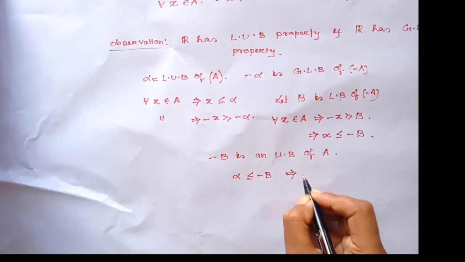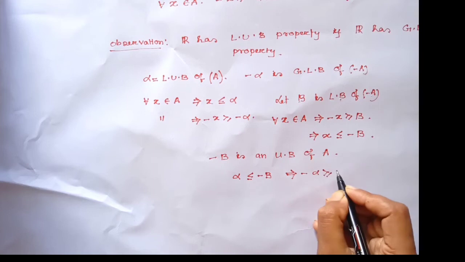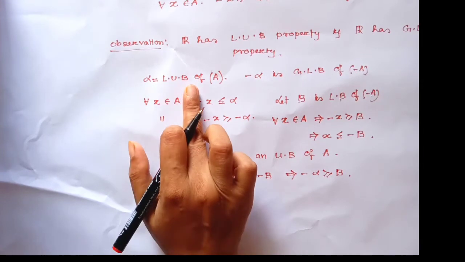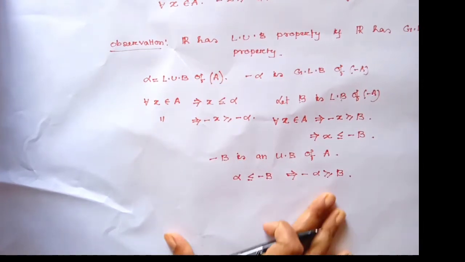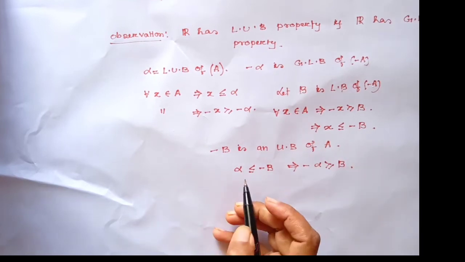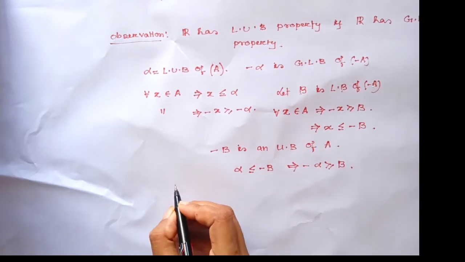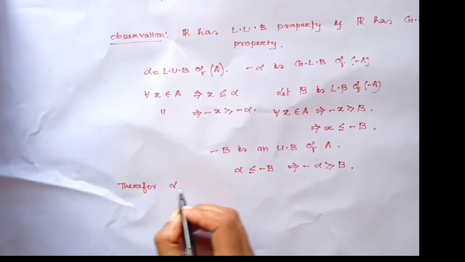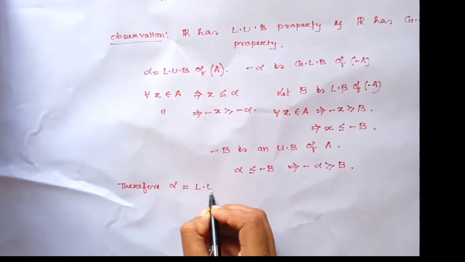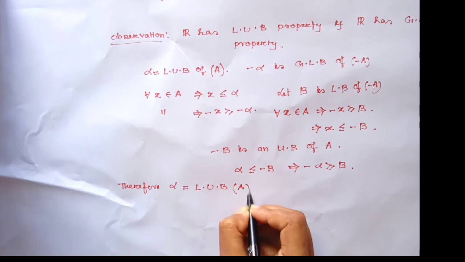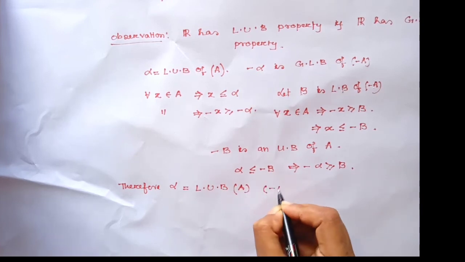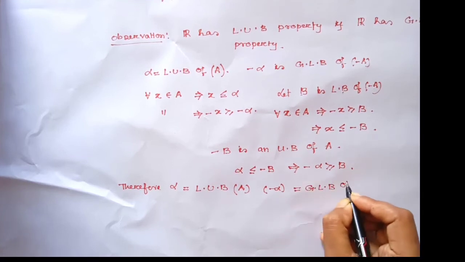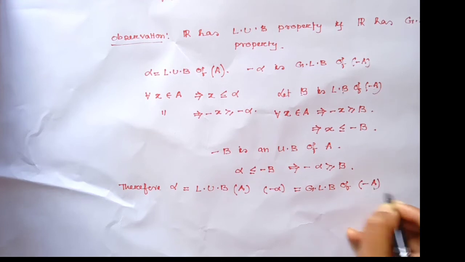That implies minus alpha is greater than or equal to beta. Therefore, if alpha is LUB of A, then minus alpha is GLB of minus A. Okay.